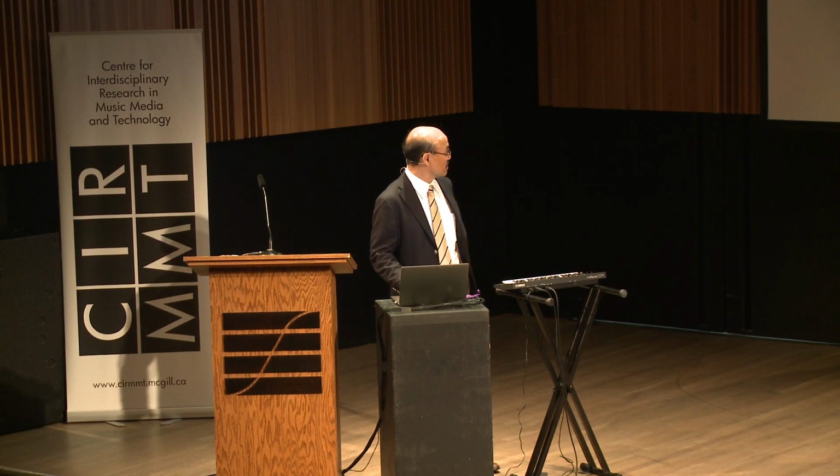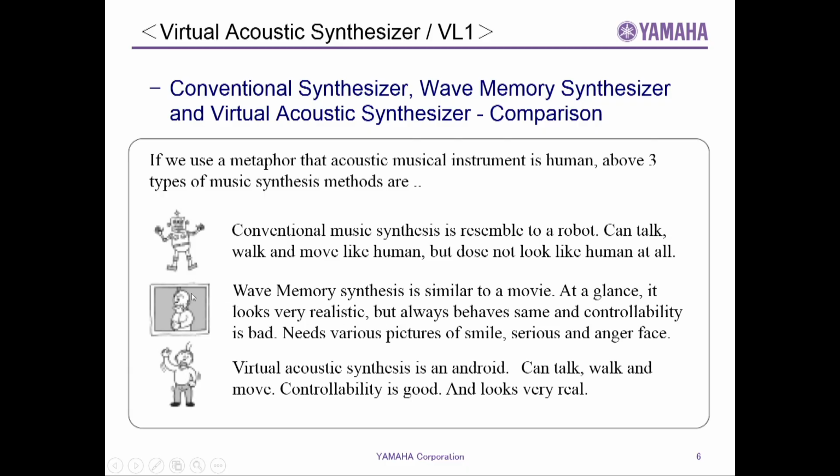And the next one, wave memory synthesis, is similar to the idea of a movie. At a glance, it looks very realistic, but it always behaves the same, and the controllability is bad. So it needs various pictures of a smiling face, a serious face, an angry face, or a crying face.